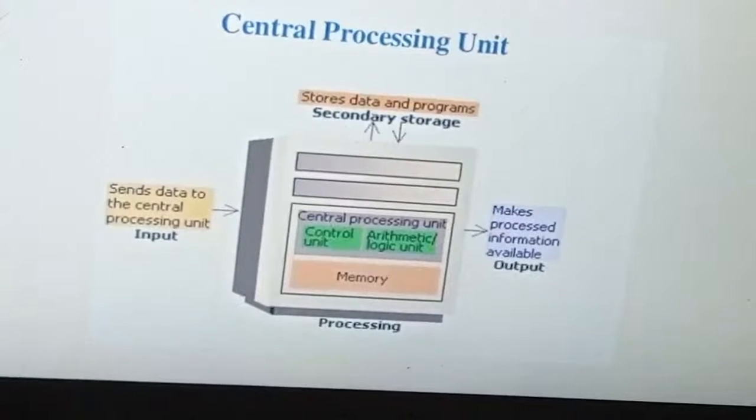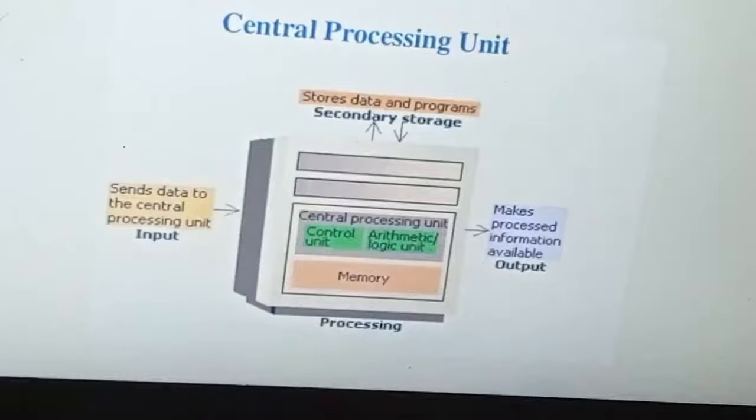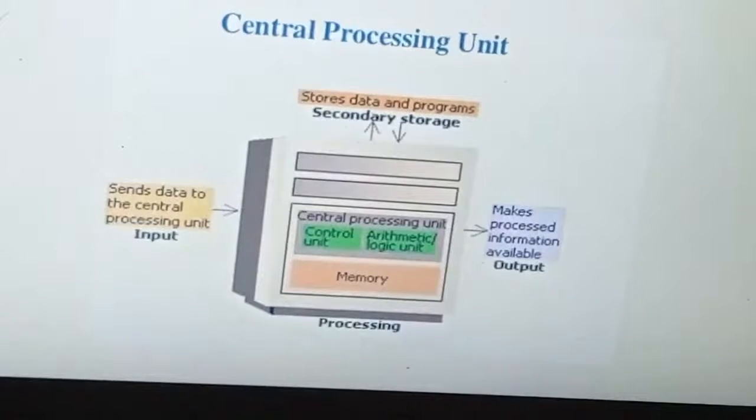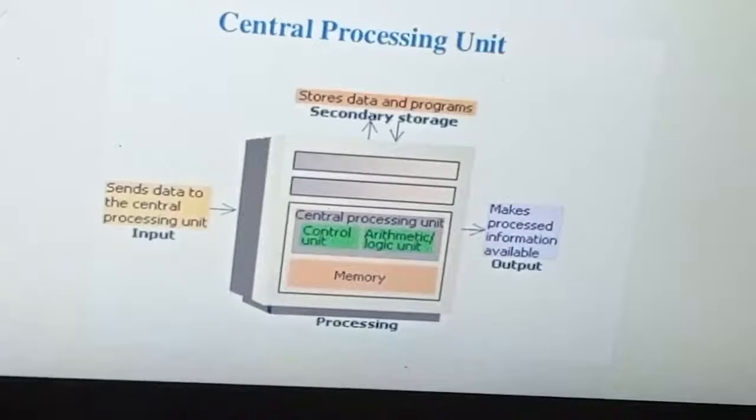Now coming to input devices, they only allow data to enter a computer, access the CPU, and send the output out. The most commonly used input devices are keyboard, microphone, and mouse, which accept data from the users and pass that data to the computer.